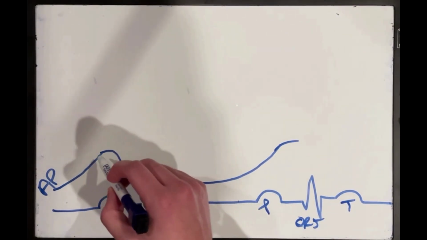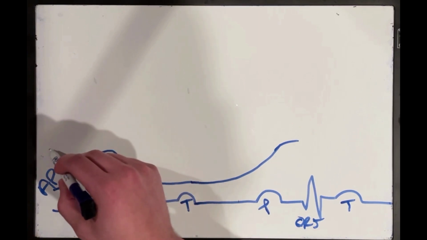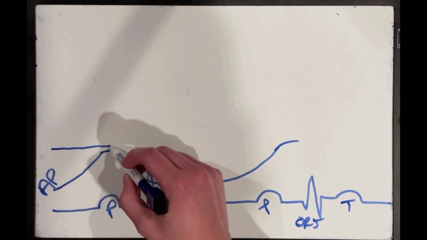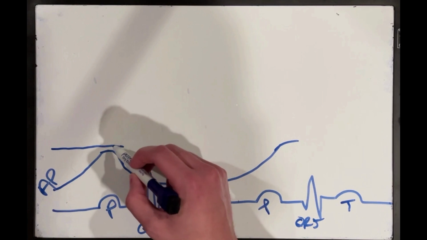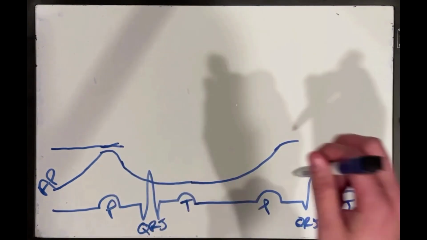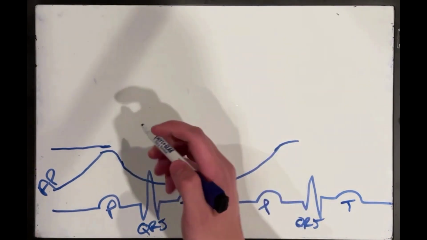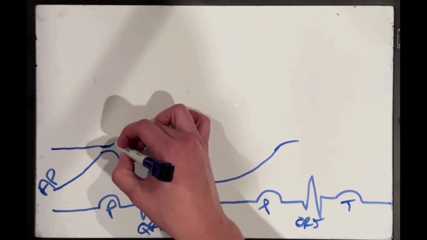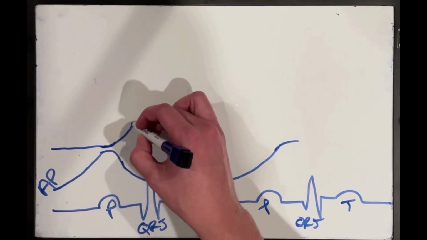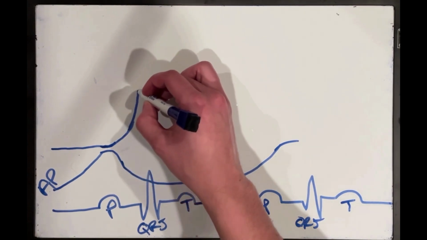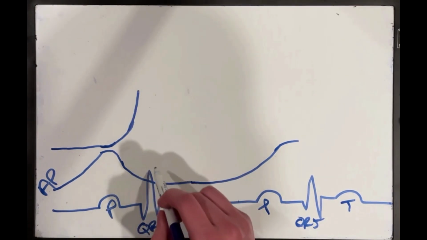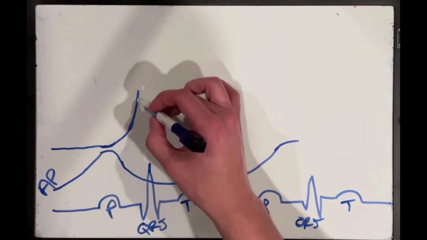So from here, we will have low pressure, and then from the point of our atria depolarizing and contracting, as blood starts to pool into our ventricles, we're going to see that pressure rise, rise, rise, rise.